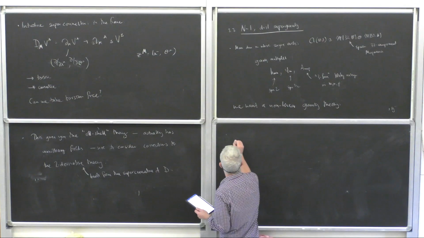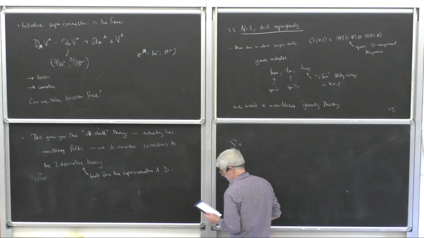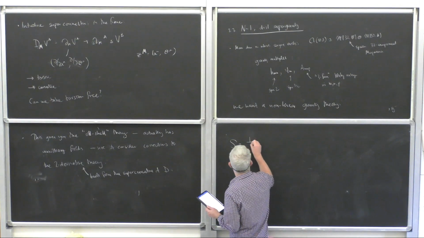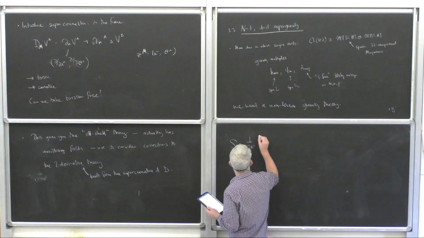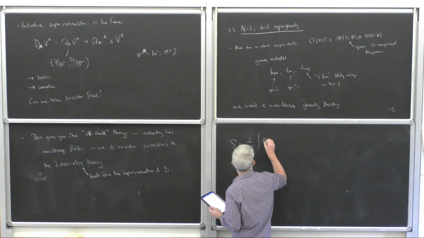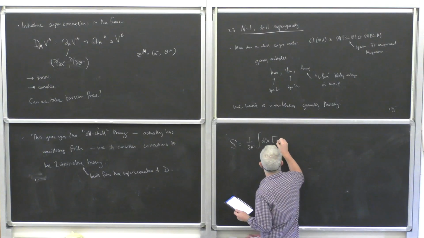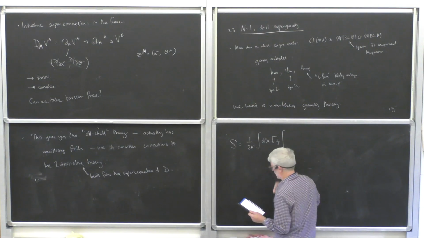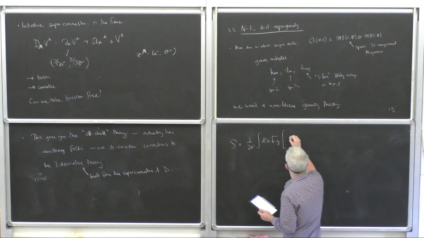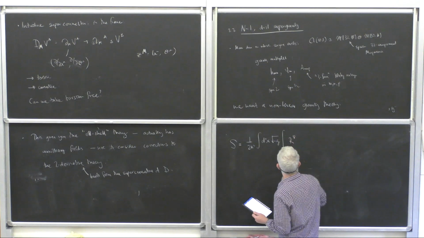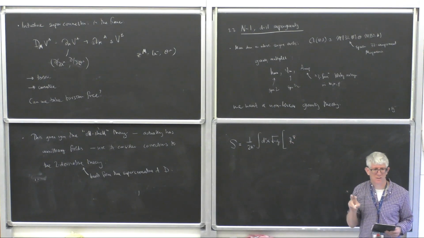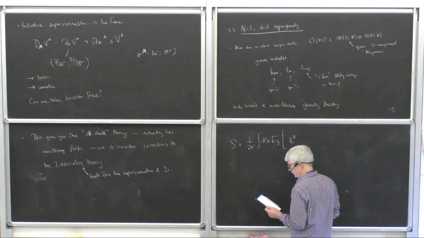So here's the action. We have again a gravitational coupling. We're now doing an integral over 11-dimensional space. We have the measure. We have a curvature for some connection nabla. I'm going to have 3 different connections, and I'm going to tell you what they each are.